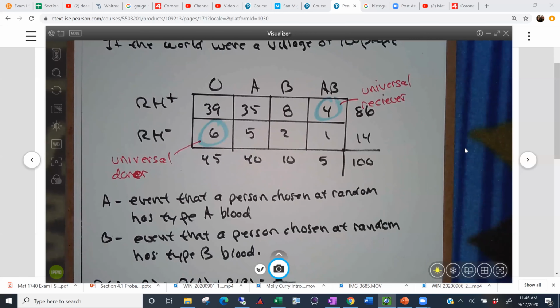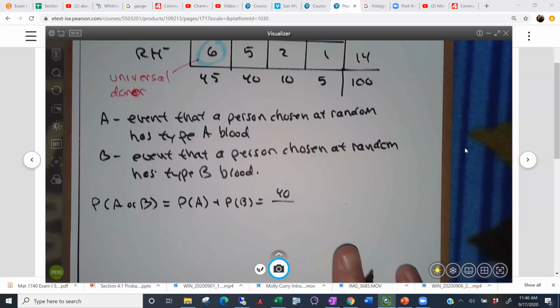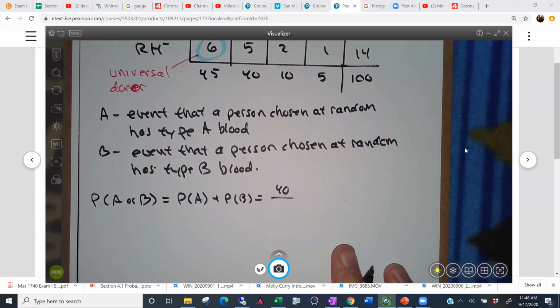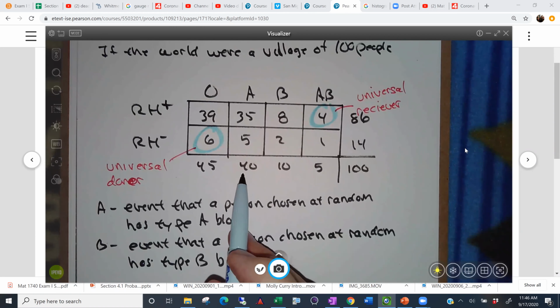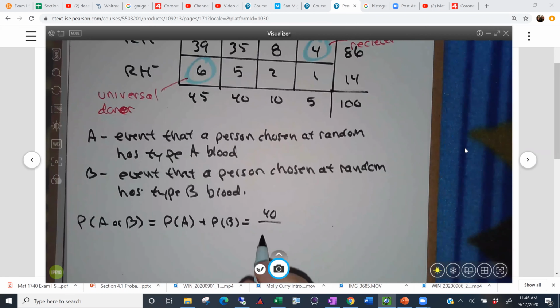Perfect. Now 40, though, by itself isn't a probability, right? Because remember, probabilities are between 0 and 1. But if you're trying to express this as a probability, it's 40 people out of how many total in this table? 100. Good. So 40 over 100.